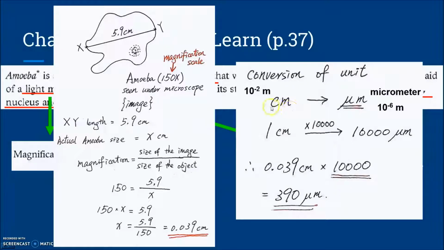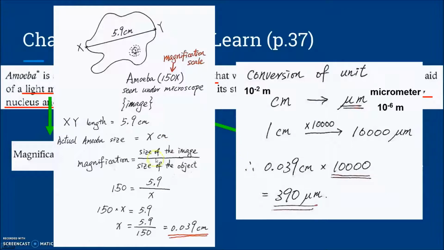A centimeter is 10 to the power of minus 2 meter, and a micrometer is 10 to the power of minus 6 meter. So the difference between these two units is 10,000 times. So when you get the answer 0.039 cm, you times 10,000, and then you will get the final answer in the unit of micrometer.